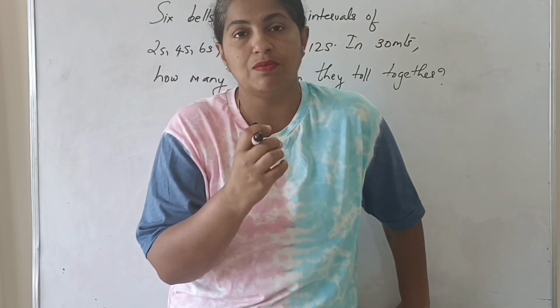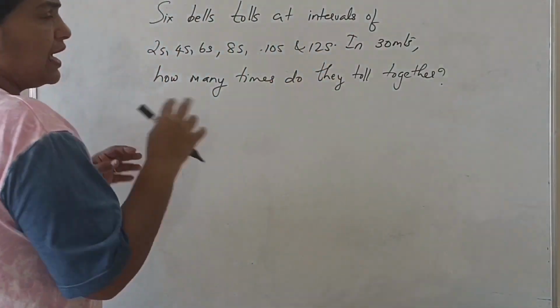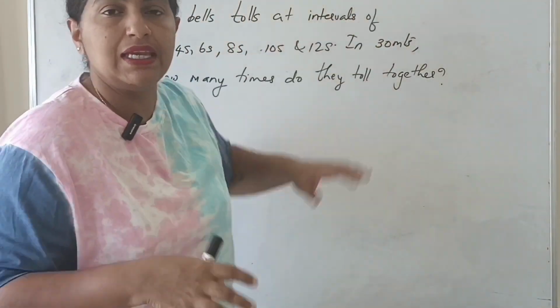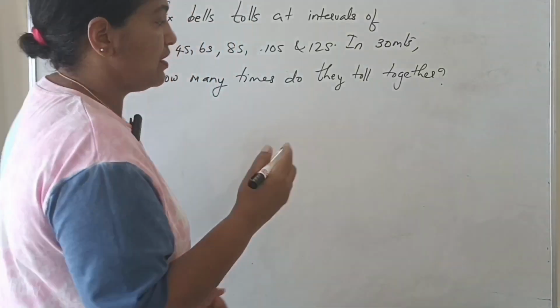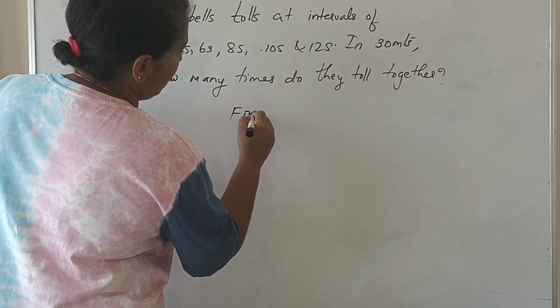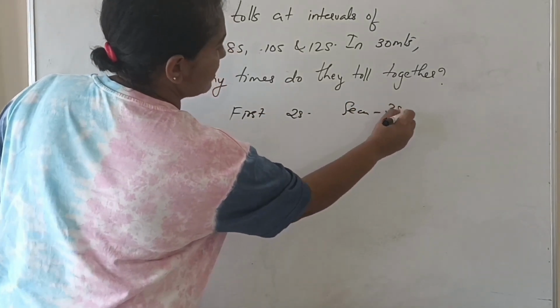To make the concept clear, let me reduce the number of bells to 2. Forget about this question completely. I am taking 2 bells at random: the first bell will toll after every 2 seconds, and the second bell will toll after every 3 seconds.